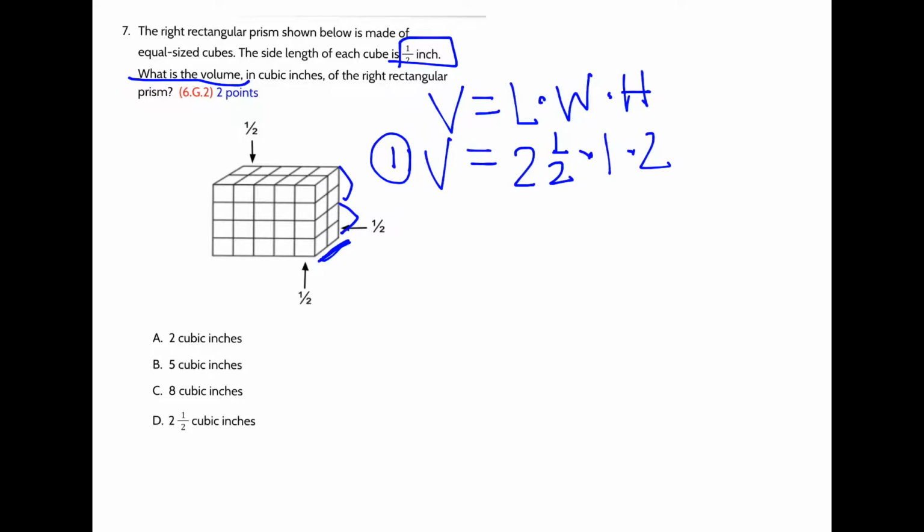Step 2. Now we need to go ahead and convert our length. 2.5 gets converted. We need to do 2 times 2 plus 1. And that will give us the fraction of 5/2.